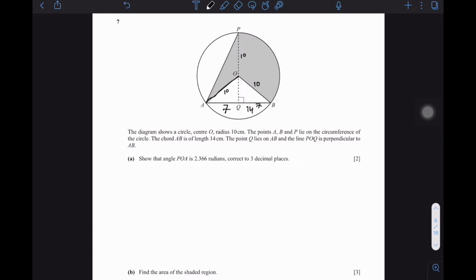Since this triangle is an isosceles triangle, this divides the chord into equal parts. This is 90 degree, opposite by hypotenuse. So we can write sine AOQ equals 7 by 10.